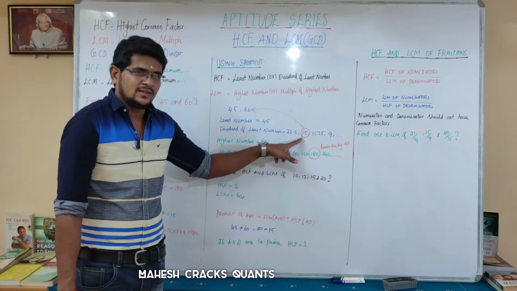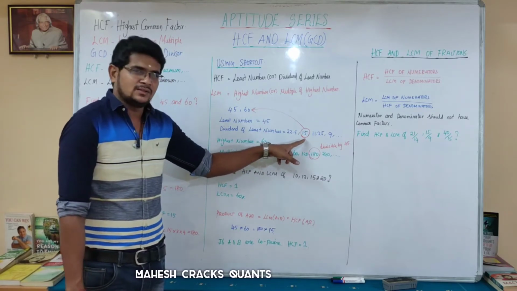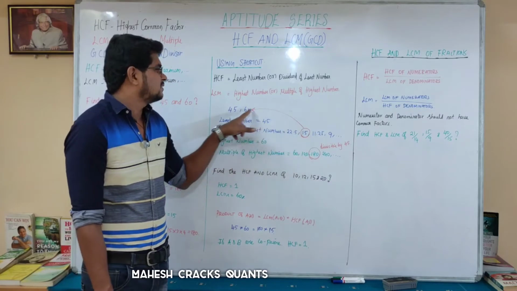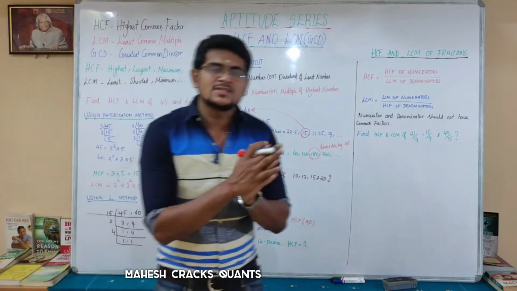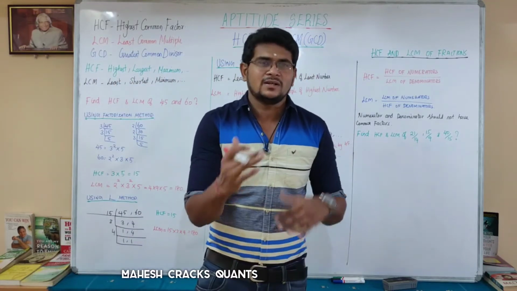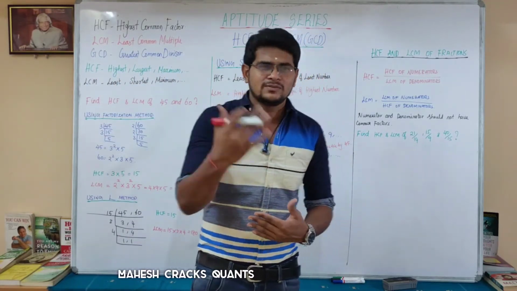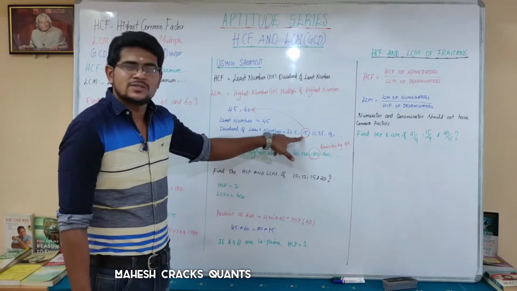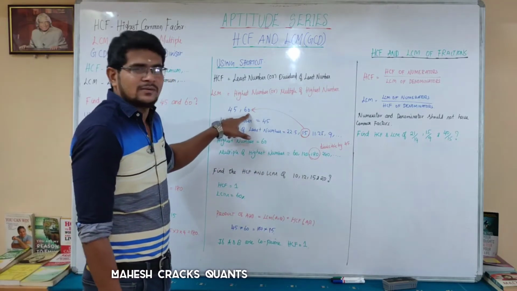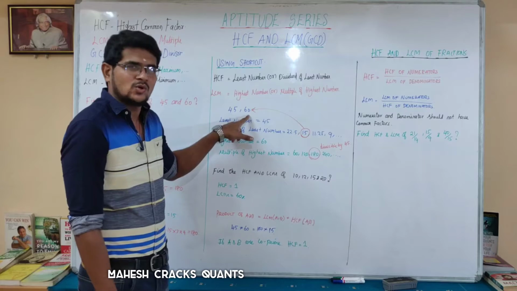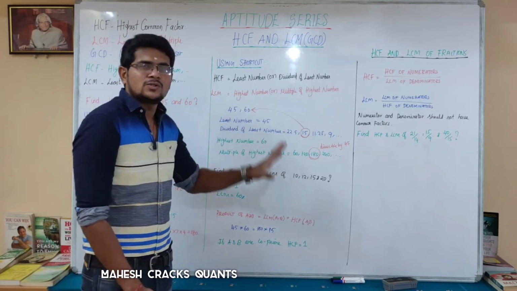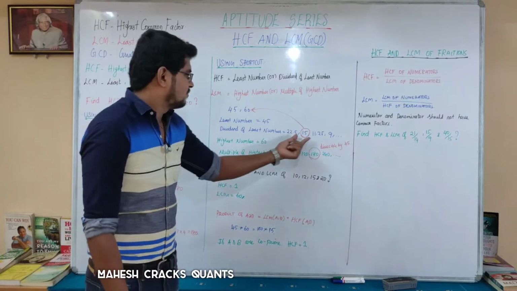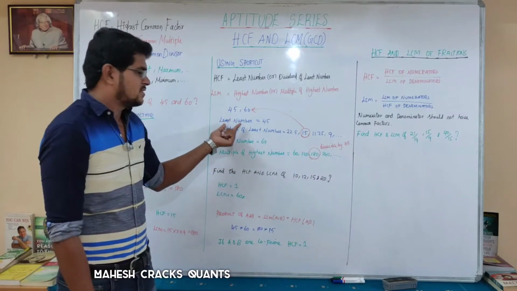When you take 15, you have to check: is 60 divisible by 15? Is 60 a multiple of 15? When you check, 4 times 15 is 60, so 15 can divide 60. So your answer is 15, the HCF.